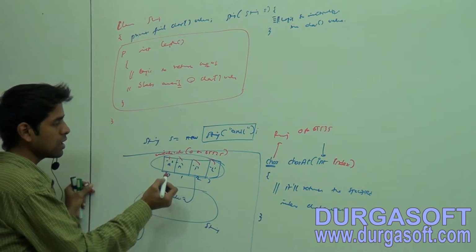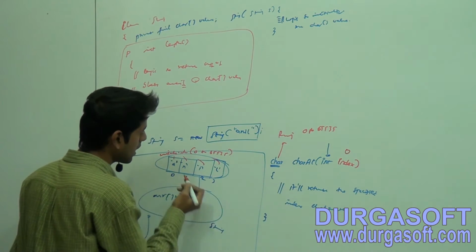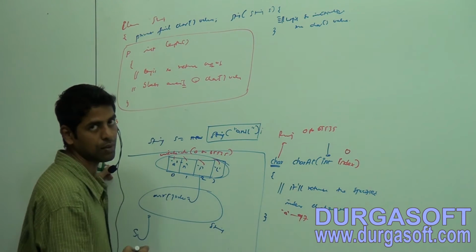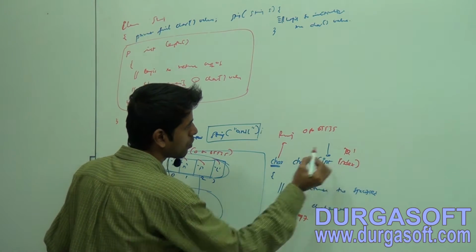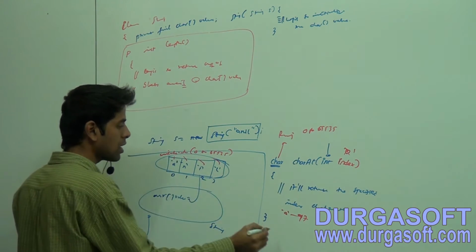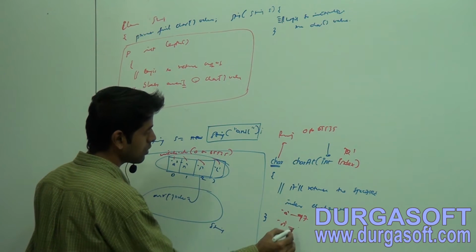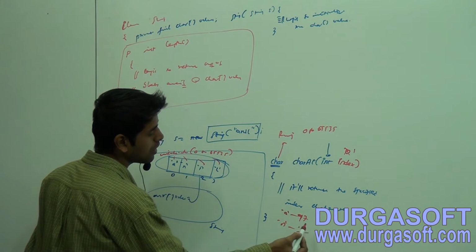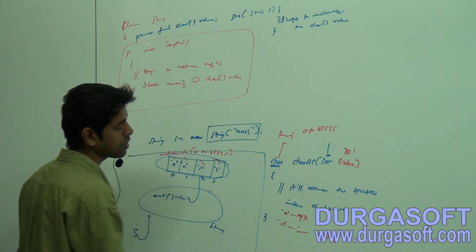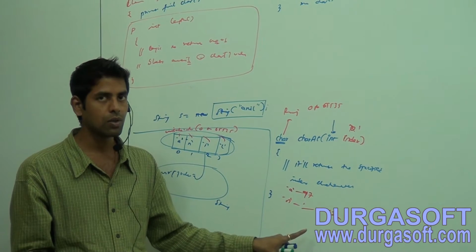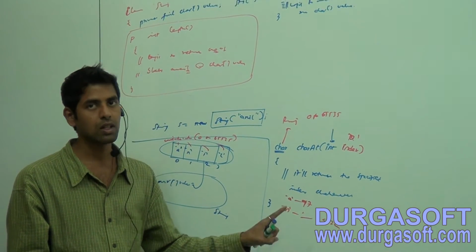If you return the 0th index character, that is A, internally the JVM will use 97. If you specify 1, internally the JVM will return N, which has some value less than 122. Internally the JVM will use Unicode integer values.